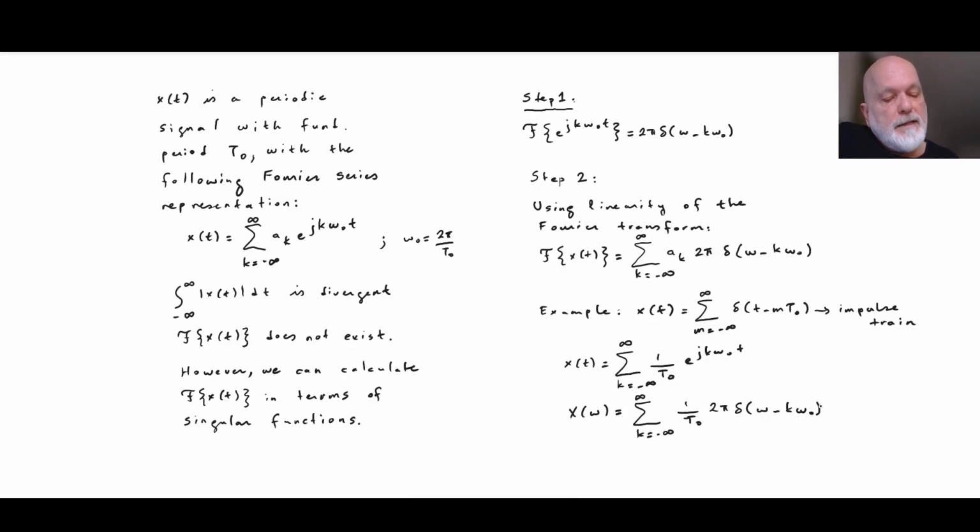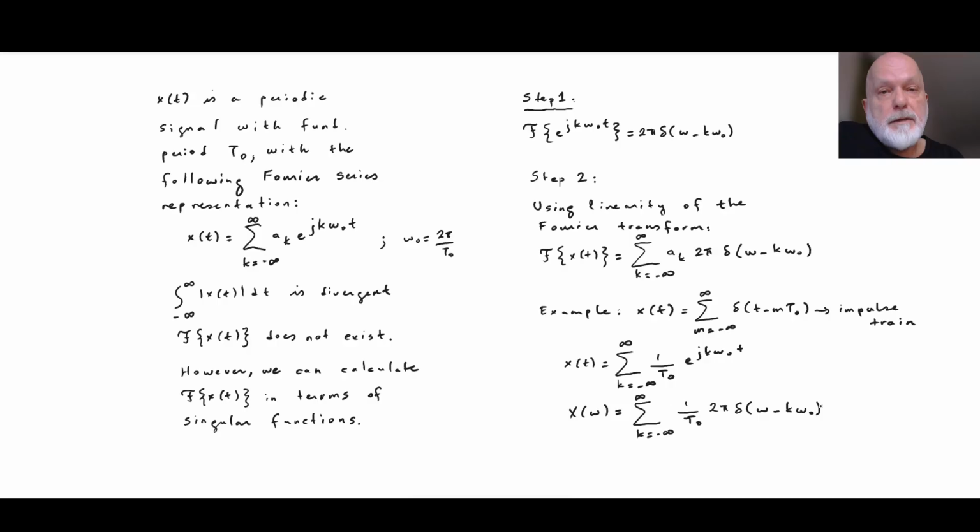So here in the Fourier transform expression, we see that the Fourier transform is 0 everywhere except the frequencies which are integer multiples of omega 0, and at those frequencies the Fourier transform is infinite in magnitude, which is related to the fact that the periodic signal is not absolutely integrable.